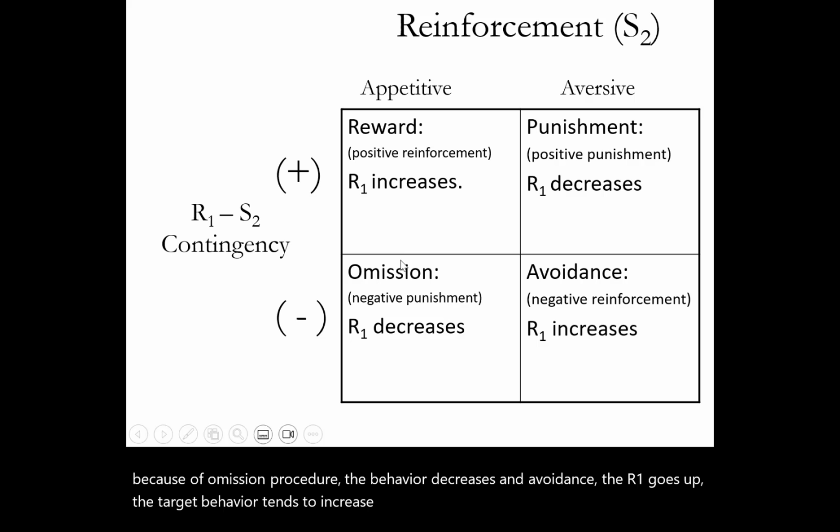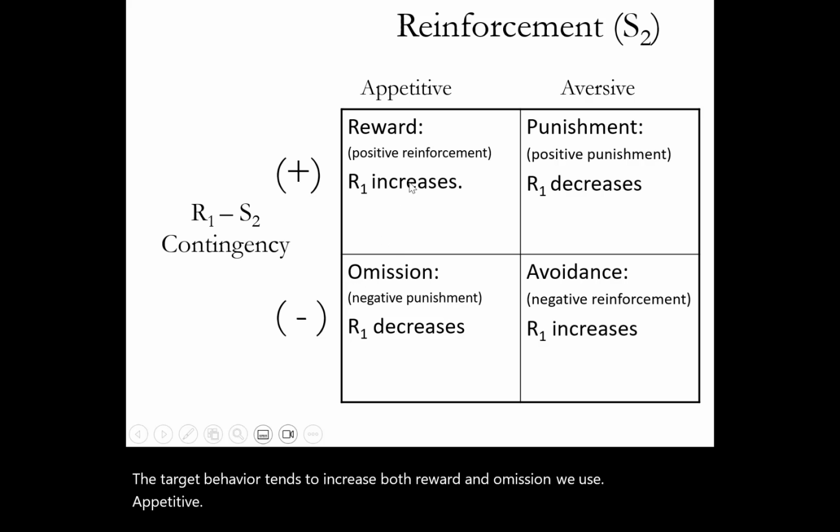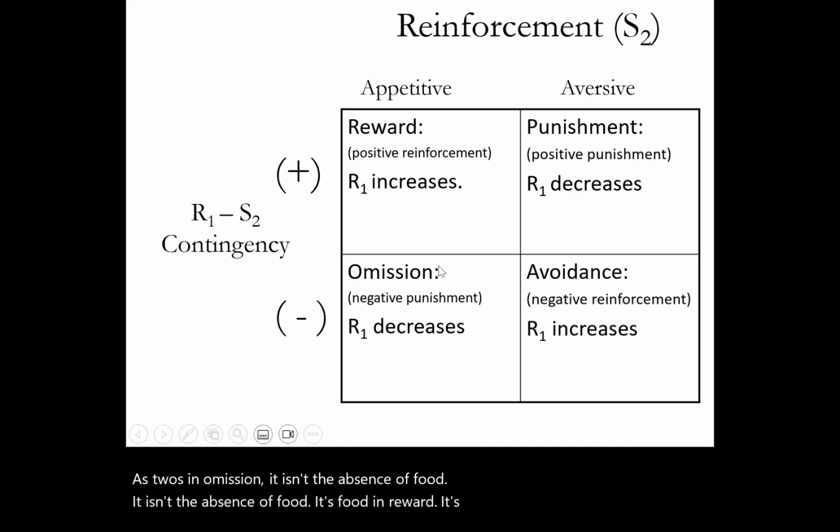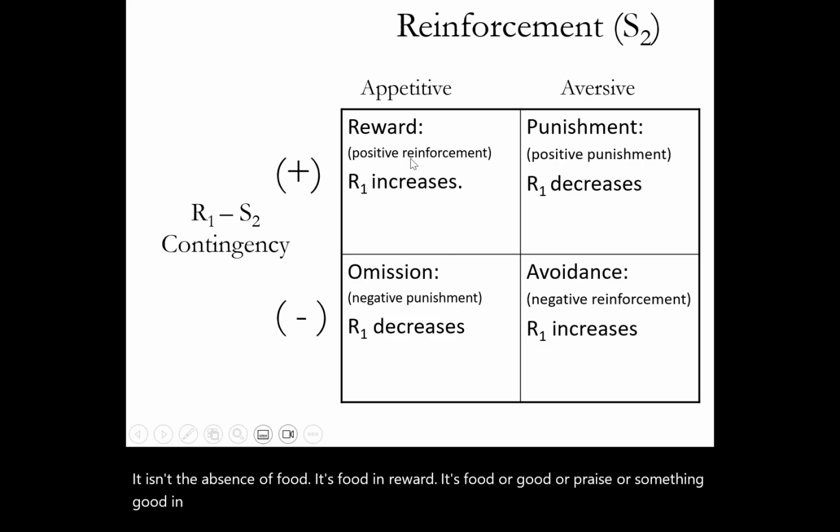Both reward and omission, we use appetitive S2s. In omission, it isn't the absence of food. It's food. In reward, it's food or good or praise or something good. In reward, they get it if they do the target behavior, and in omission, they don't. In punishment, we use aversive stimuli.